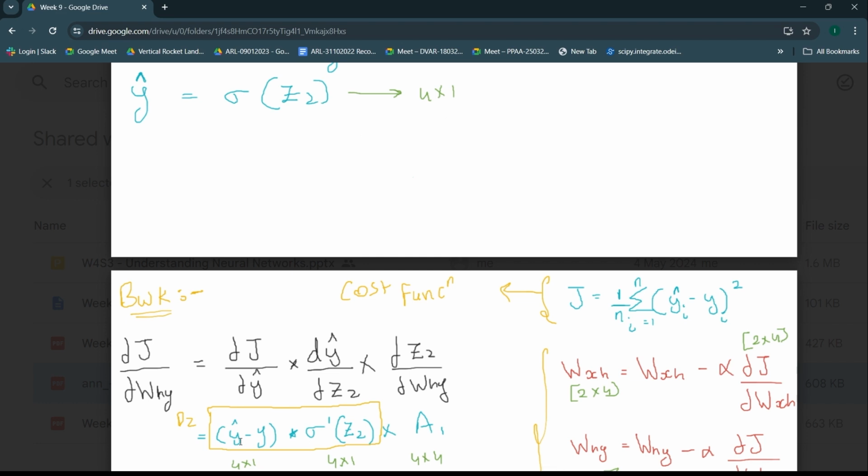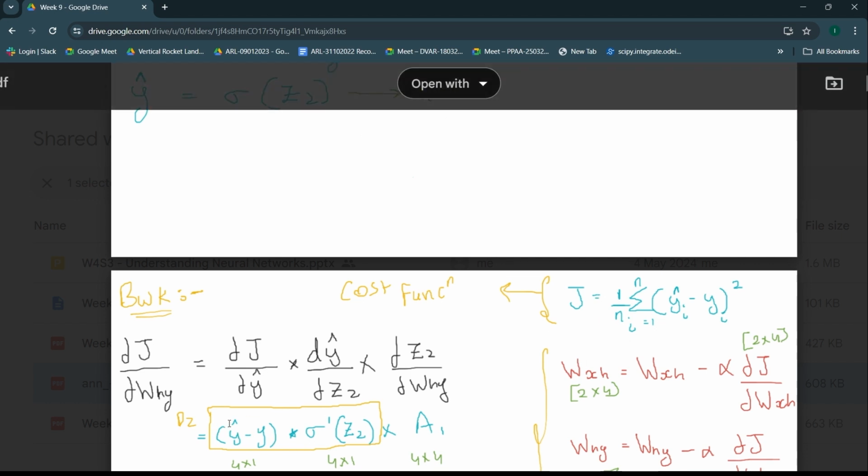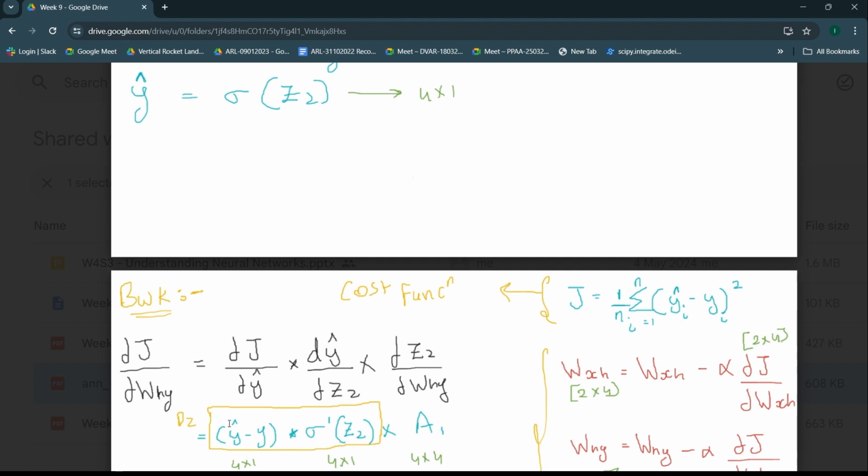There won't be any kind of changes, even though there will be two different types of formulas, iterations might change. It might be that in fewer iterations you get the result, and by using 2 by n you will be taking more iterations. But we'll still be able to reach convergence. That's something you are going to have the guarantee of. But yeah, that's y cap minus y, the output of dJ/dy cap.